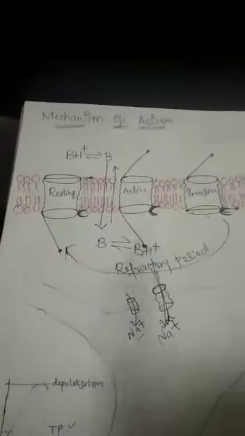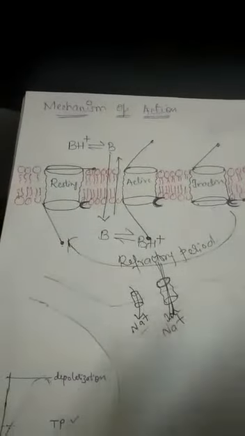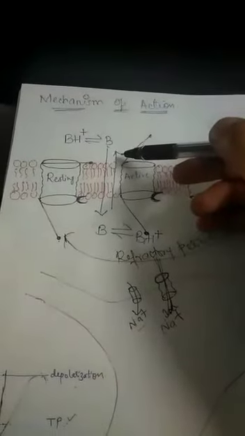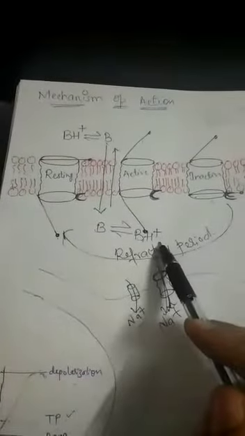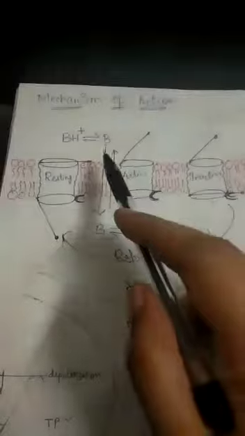So remember these two important things. For crossing the plasma membrane, it should be in unionized form, and for binding with its receptor, it should be in ionized form. Charges should be there for binding with the receptor, and uncharged form for crossing the membrane.